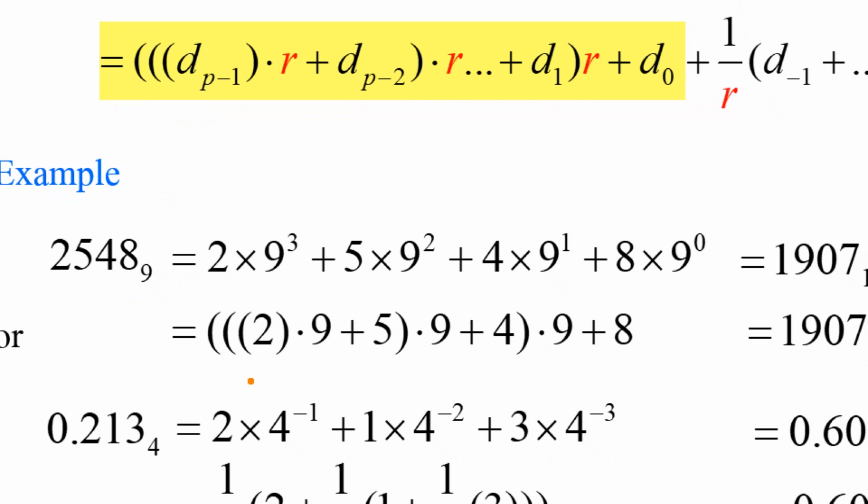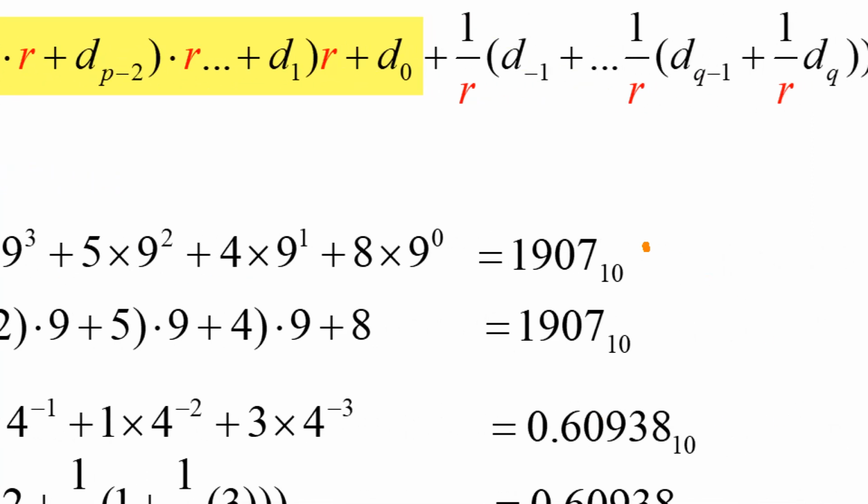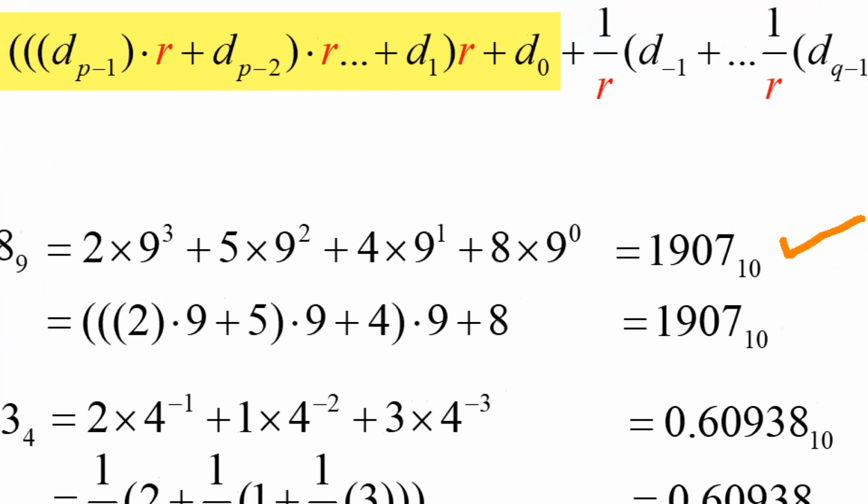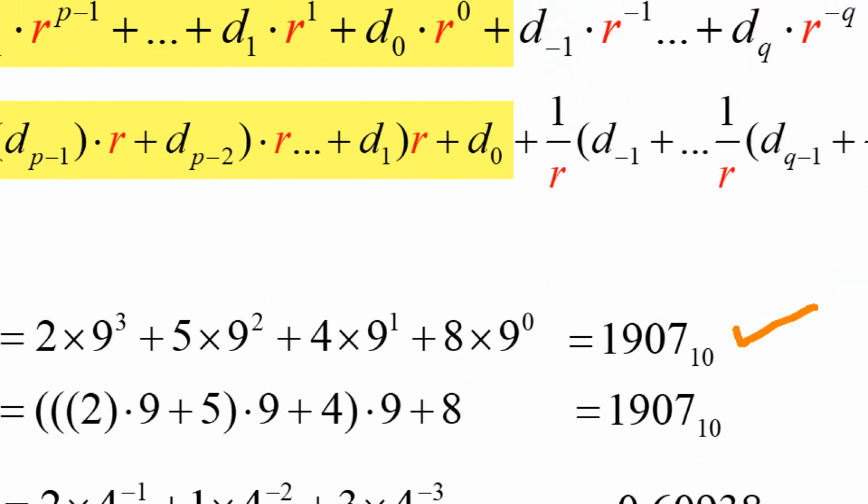For example, this one is 8, right? 8 multiply 9 to the power of 0, 4 multiply 9 to the power of 1, 5 multiply 9 to the power of 2, 2 multiply 9 to the power of 3. Okay, and then you can find this decimal value.